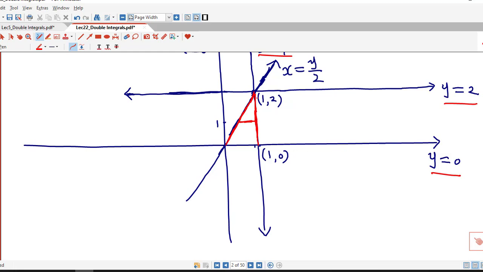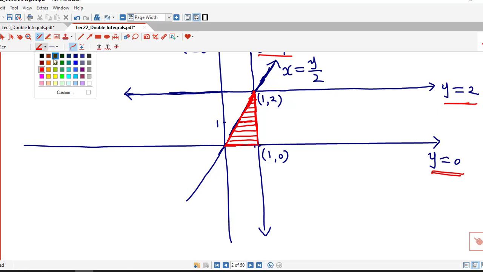So x is in between y by 2 and 1, and y is in between 0 and 2. So we have to start from these lowermost points and go up to this point. So this is the region of integration which satisfies the given limits: x is from y by 2 to 1 and y is from 0 to 2.